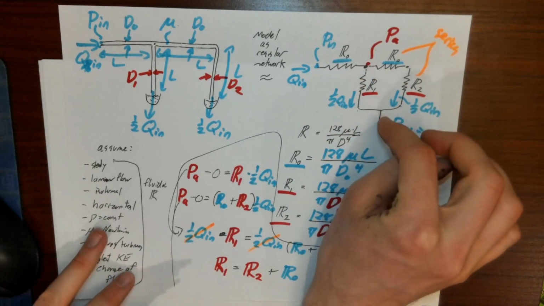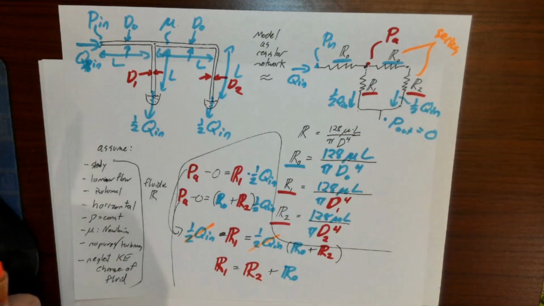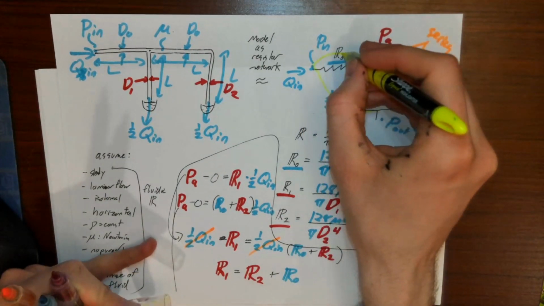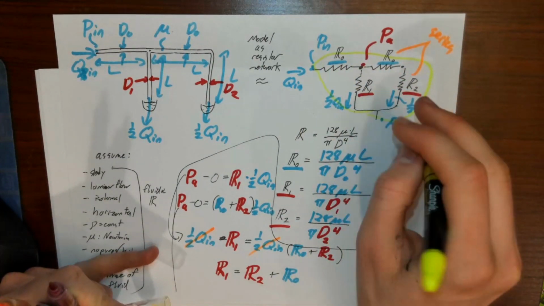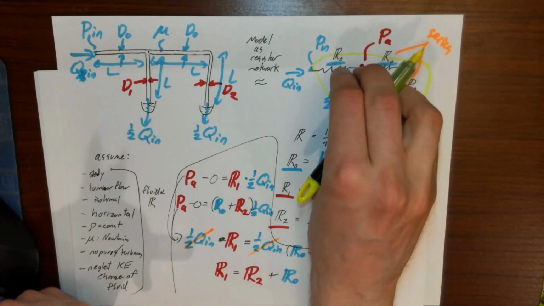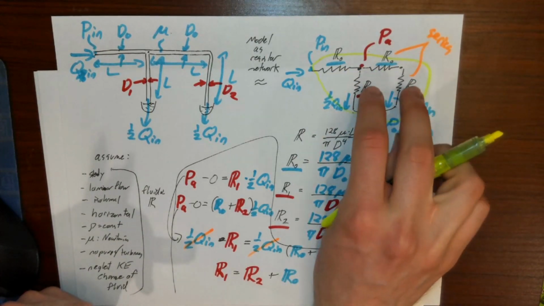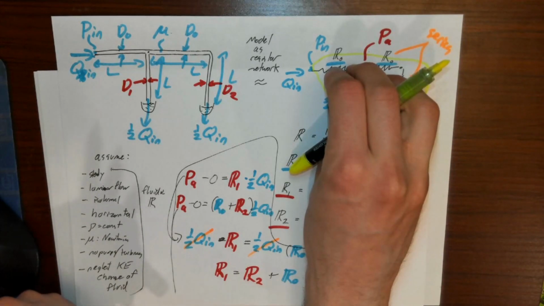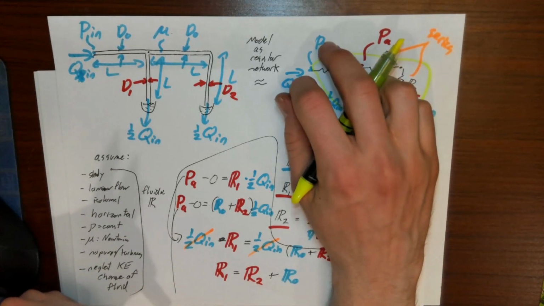So that's going to be where my final equation comes in. If I take this entire network of resistances and replace it with some equivalent resistance, R1 and R2 are going to be built into that equivalent resistance, and then I can incorporate these other two knowns.